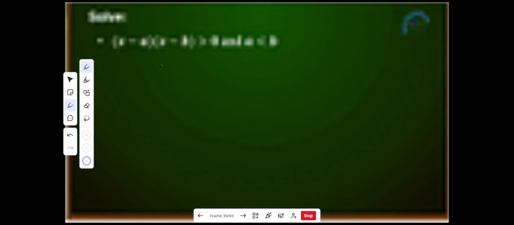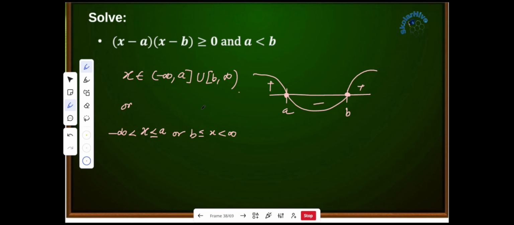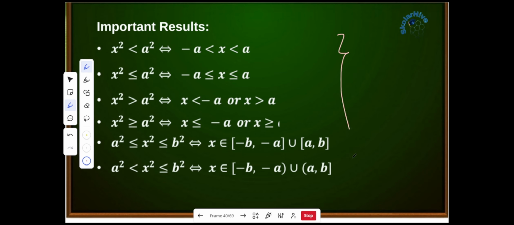So you can write directly x belongs to minus infinity to a union b to infinity. These are the results that you just need to keep in mind, and whenever you find such an expression while solving an inequality, you just have to directly use this result. So these are the results I have mentioned here, so that you remember them.